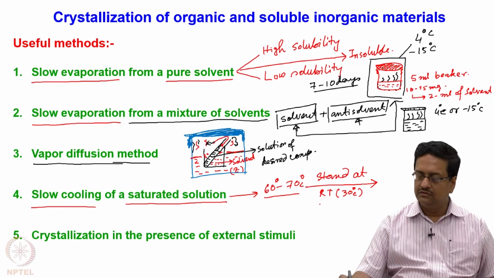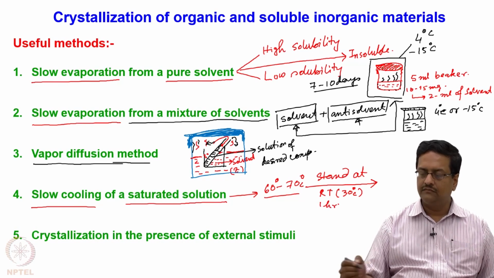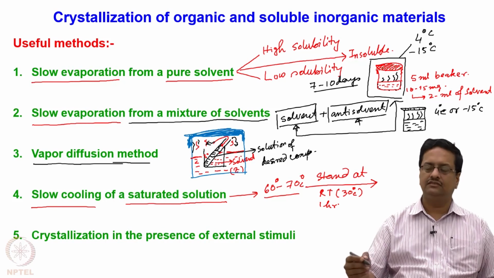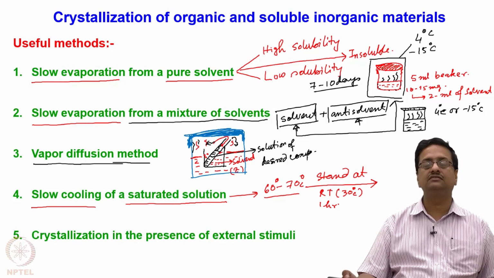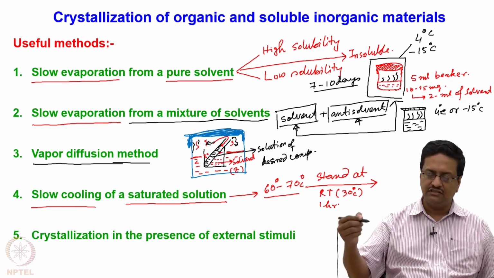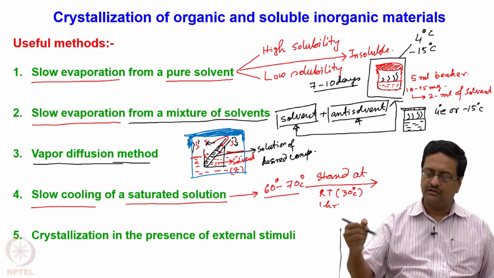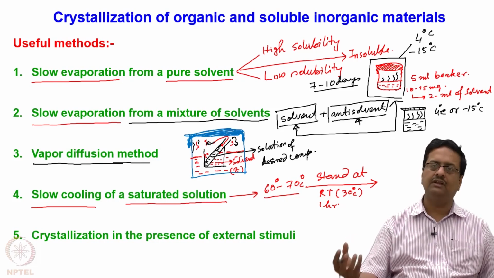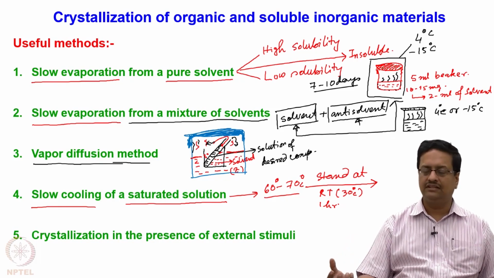for about 1 hour. In this 1 hour time, the saturated solution has cooled from about 60 to 70 degrees centigrade to about 30 degrees centigrade. So this is a method of cooling, of course uncontrolled, but it is a method of slow cooling. You are not applying any coolant to cool the substance.